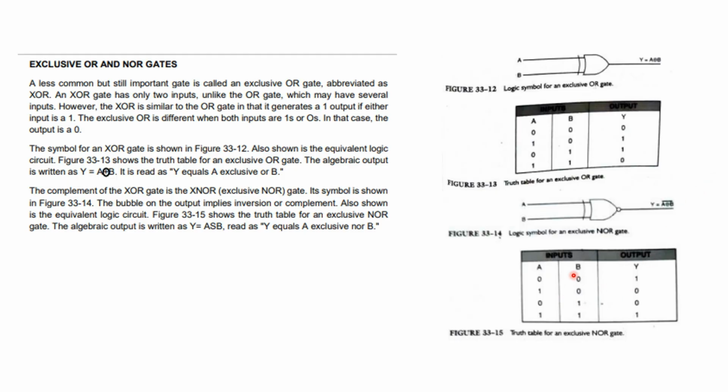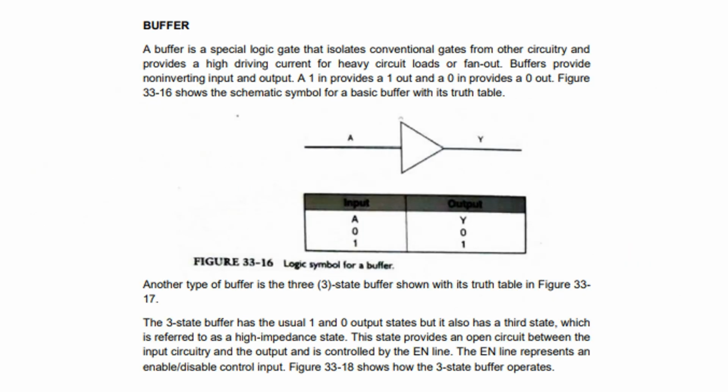But in exclusive NOR, 0, 0 is 1 and 1, 1 is 1. And then, if the inputs are not the same, the output will become 0. So in the buffer, if you look at the table, the input is what becomes the output.